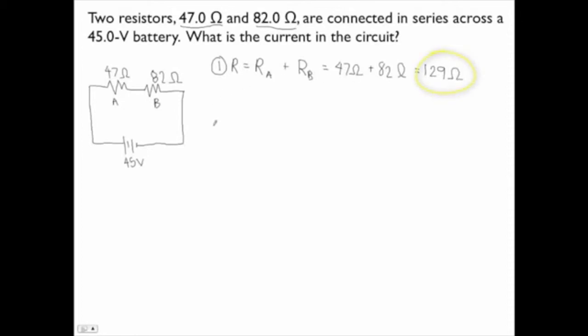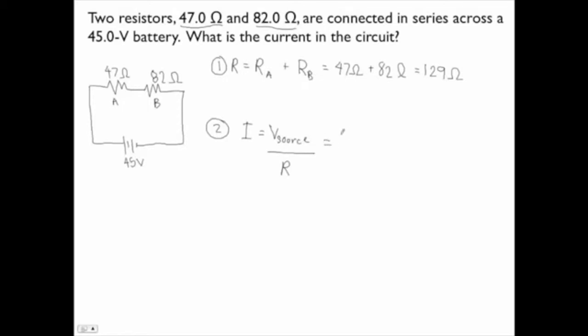And now that you've got that, you can go ahead and find the current. And remember, the current is just the volts of the source, that's your battery, divided by that net resistance.